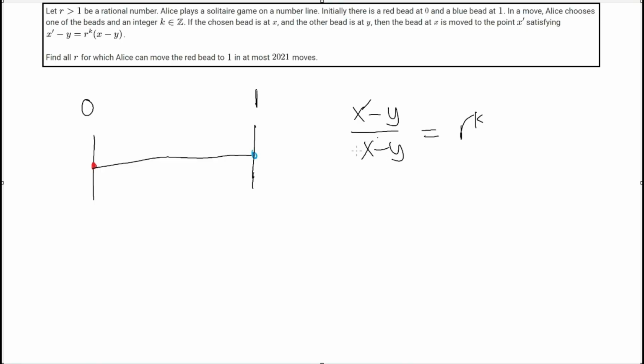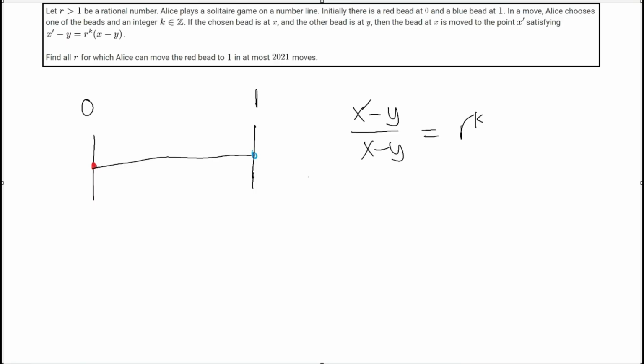So the difference between the red bead and the blue bead should realistically always be some power of r, because we keep on multiplying this by a power of r. In other words, we keep shifting one bead at a time such that the distance between the two is a power of r. And it must be a positive power of r so that the blue bead remains to the right of the red bead.